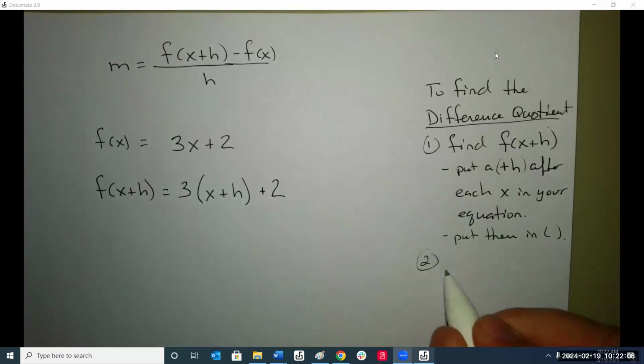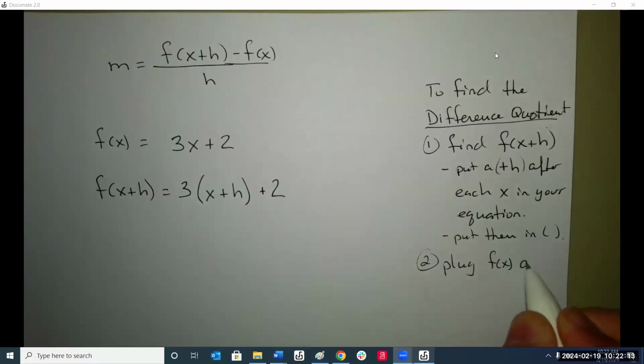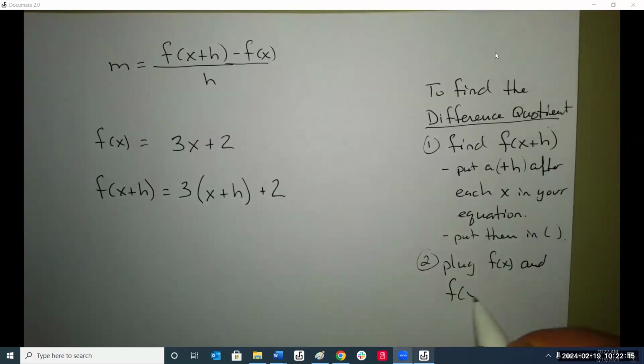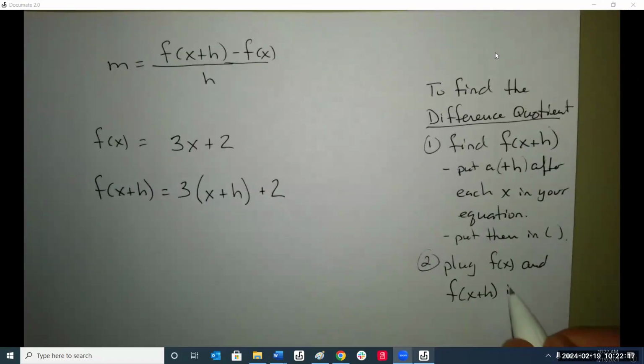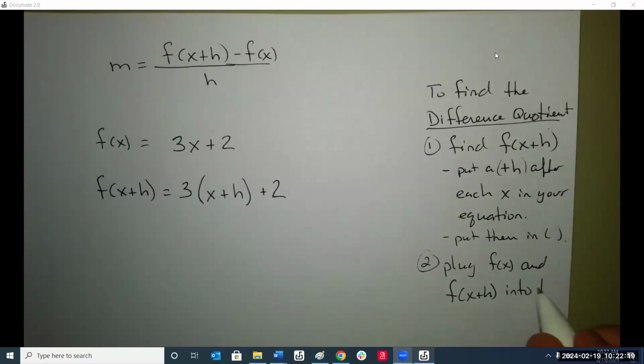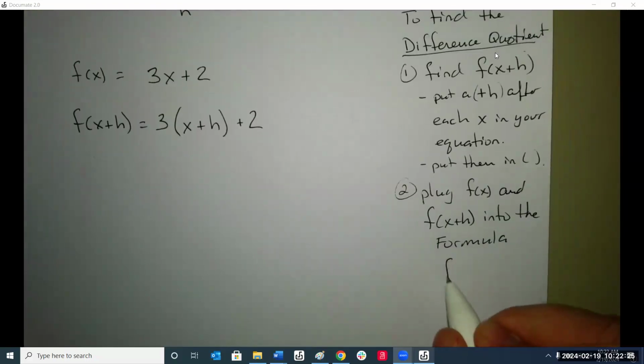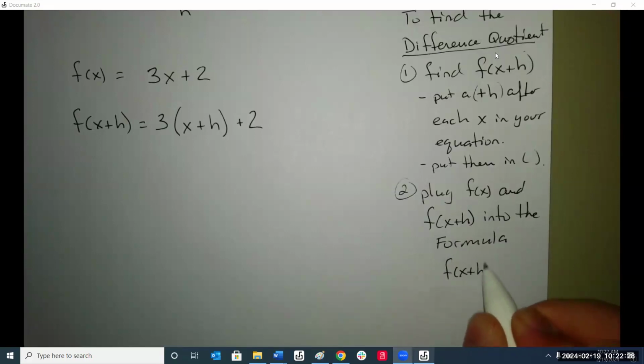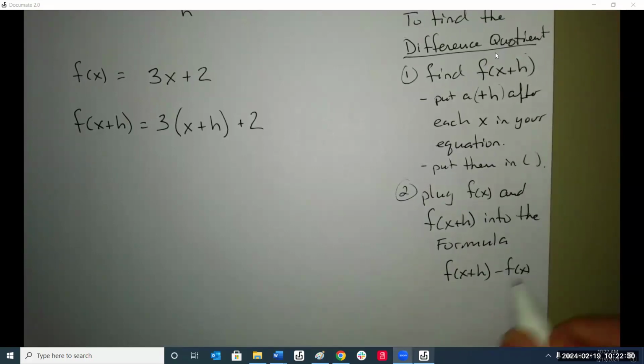Second step, plug f of x and f of x plus h into the formula: f of x plus h minus f of x over h.